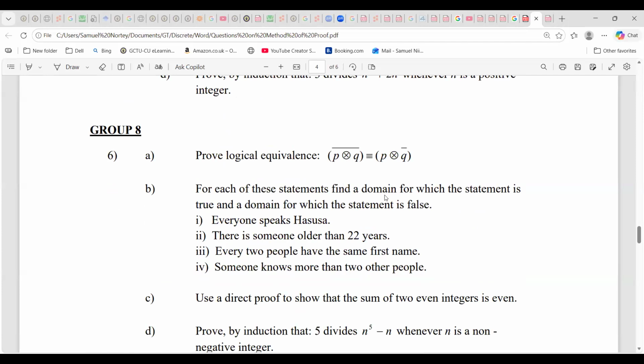Can you define a domain? For example, let's take Ghana. In which part of Ghana can you make sure that everyone speaks Hausa? What domain will make this statement true? Nothing. You say everyone. Are you telling me everybody in the north can speak Hausa? No.